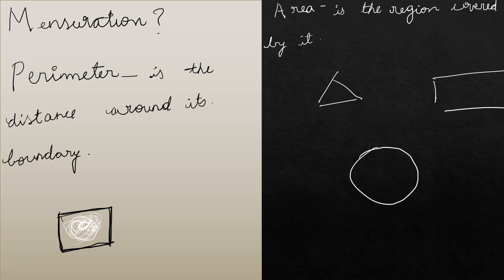Listen carefully, then let's move on. All the best. We have studied what is perimeter. Perimeter is the distance around its boundary, and area is the region covered by it.